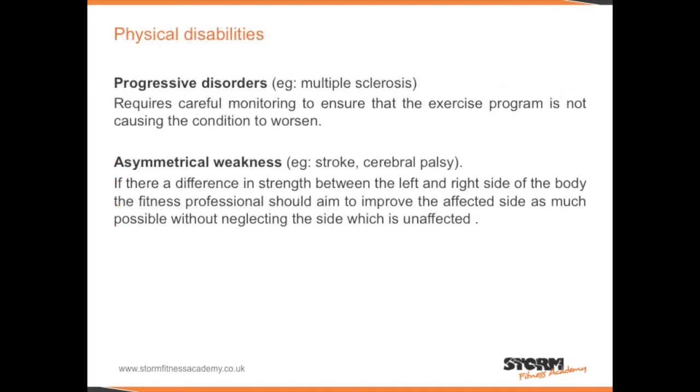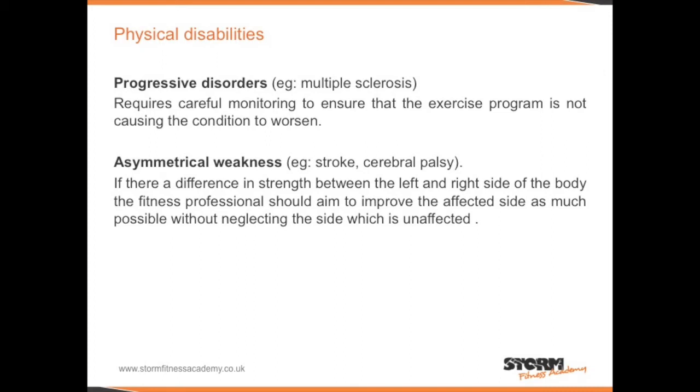Physical disabilities. Although exercise cannot always directly improve a physical disability, it can certainly improve a client's general health and well-being. Progressive disorders, such as multiple sclerosis, require careful monitoring to ensure that the exercise program is not causing the condition to worsen.